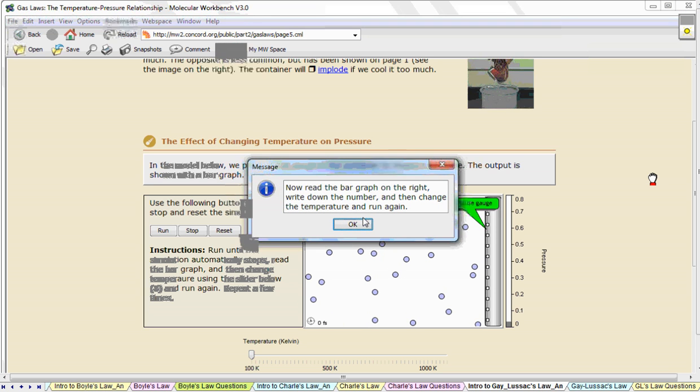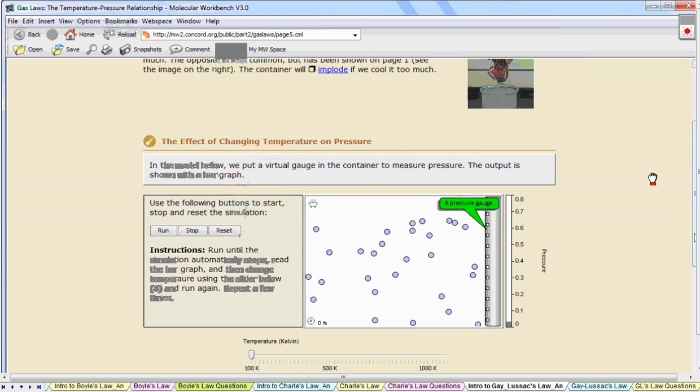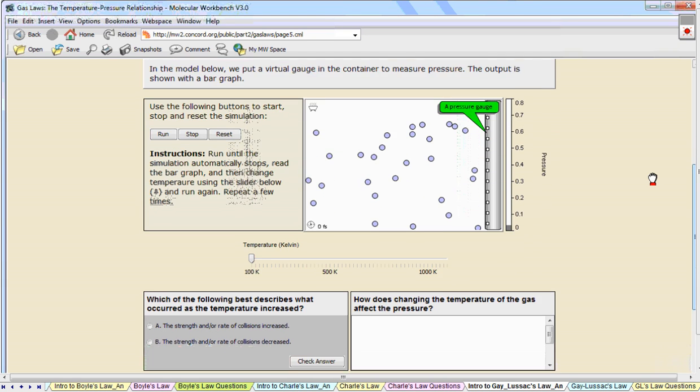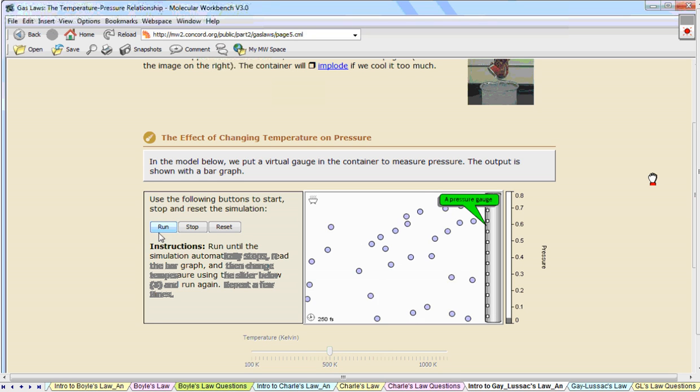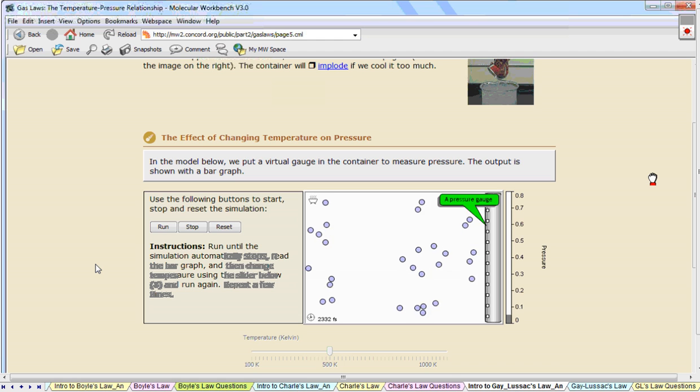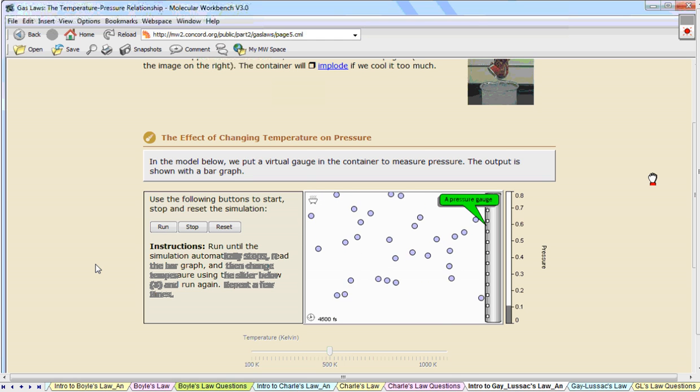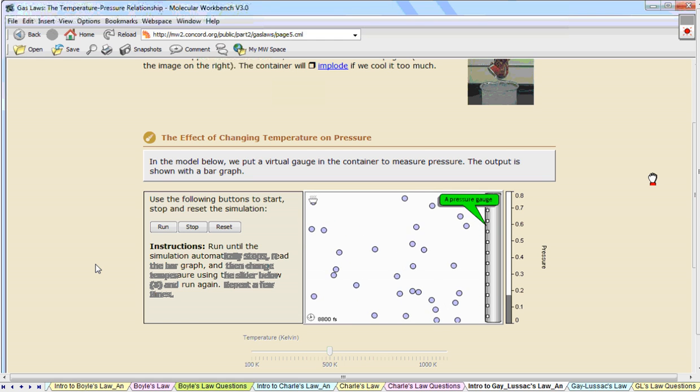So now we're going to run through it again, and this time we're going to increase the temperature up by fivefold, up to 500 K, and we'll see what happens there. Now, by increasing the temperature, that means we've added more energy to the particles, and so if the particles have more energy, they move faster.